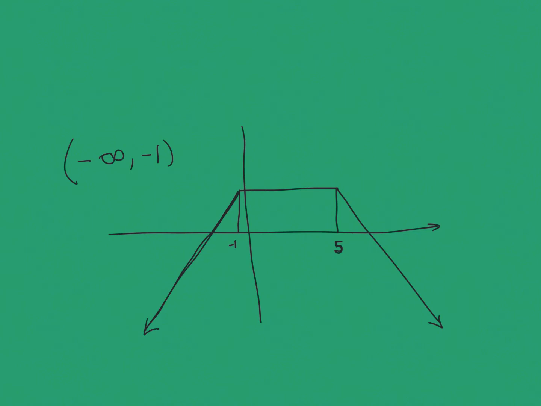Will the graph show us whether you include 1 or not? You never include the turnaround point. And then I'm constant from negative 1 to 5. And then from 5 to infinity, I'm decreasing.